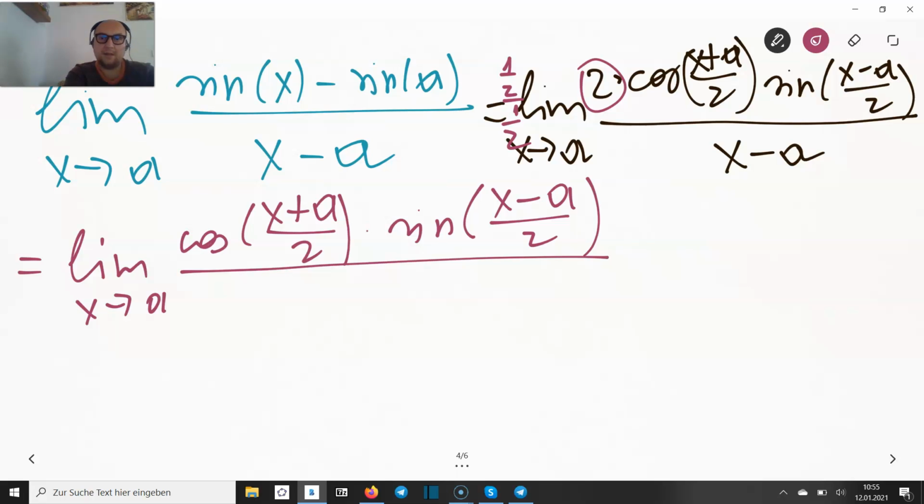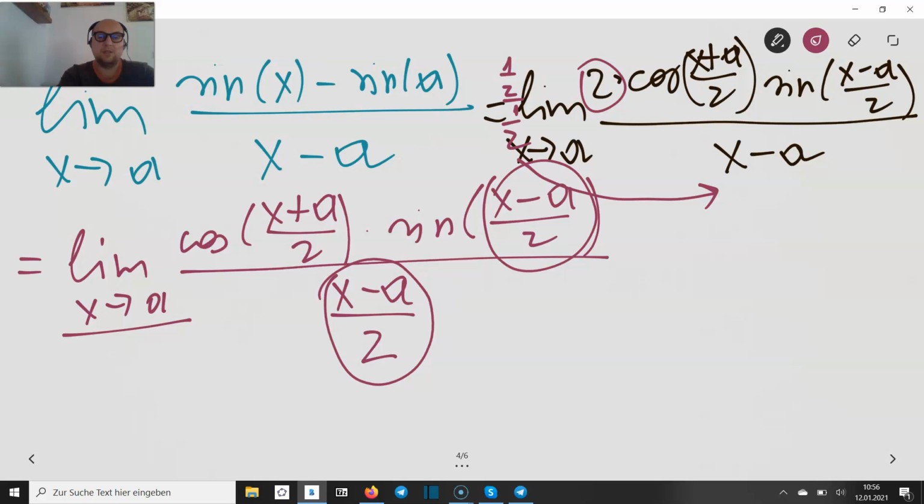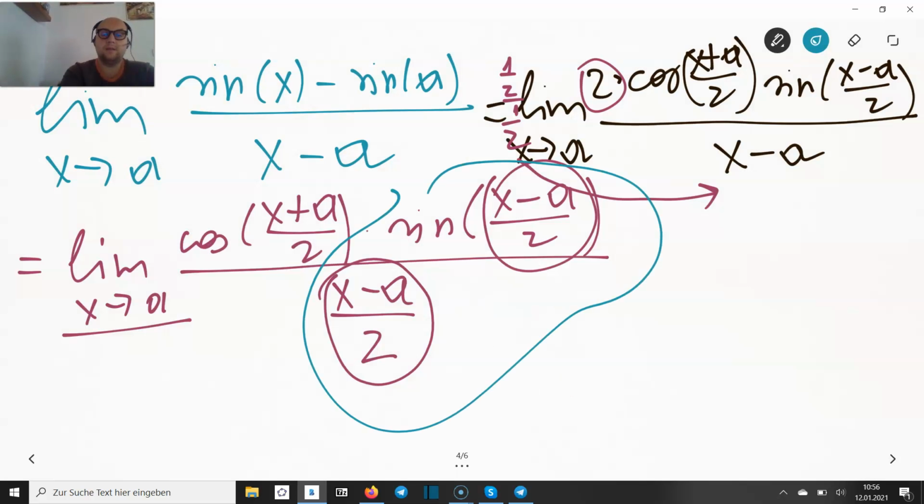Well, we still have a half, which is moving here, and this is x minus a divided by 2. And now you see this is the same argument as we are having here. And since if x is approaching a, x minus a divided by 2 is approaching 0, we know that this limit is going to be just equal to 1.